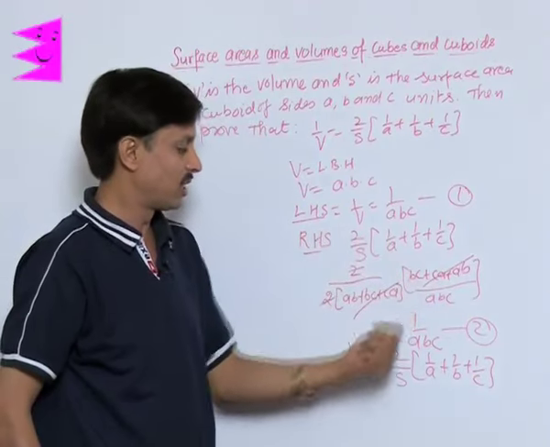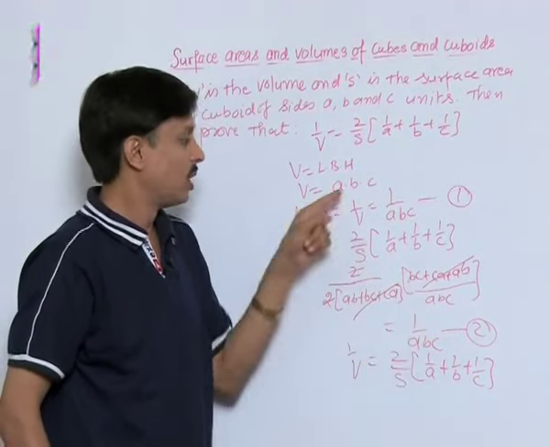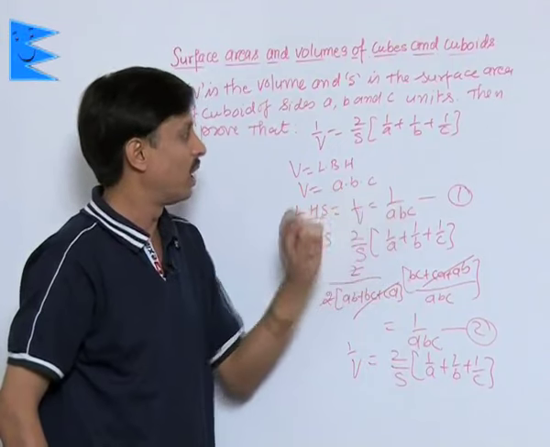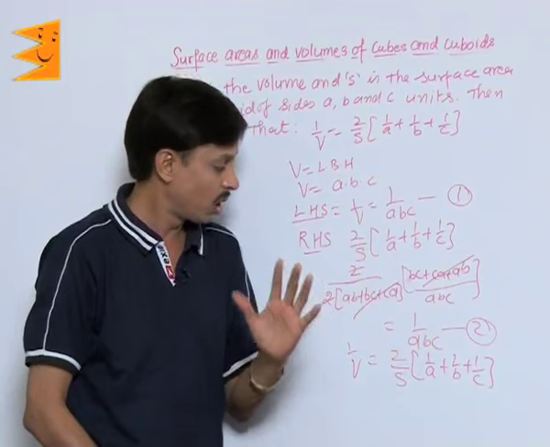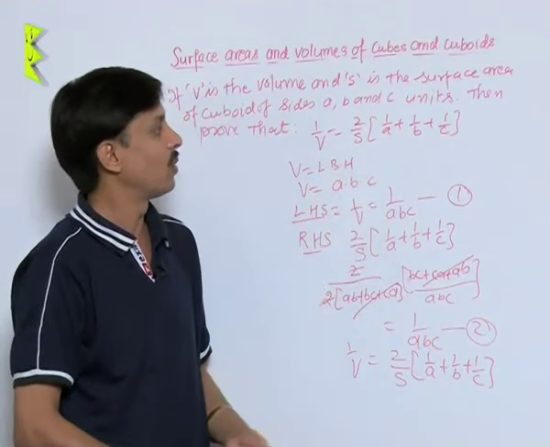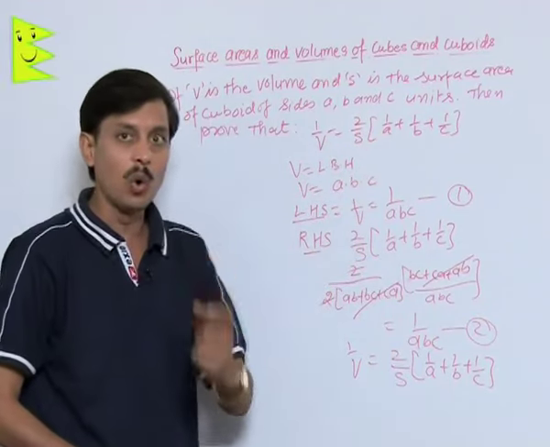So simplification gives 1 upon ABC. So the answer of 1 upon V is 1 upon ABC, and the right hand side is also 1 upon ABC. So the conclusion is that in the case of a cuboid this relation holds true.